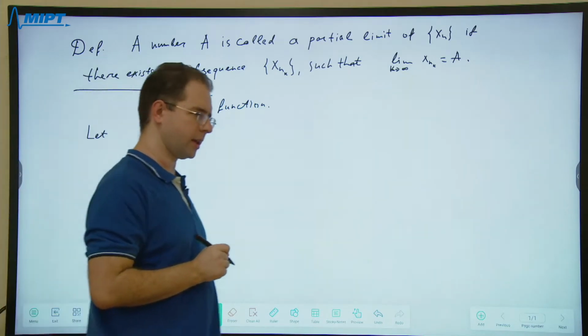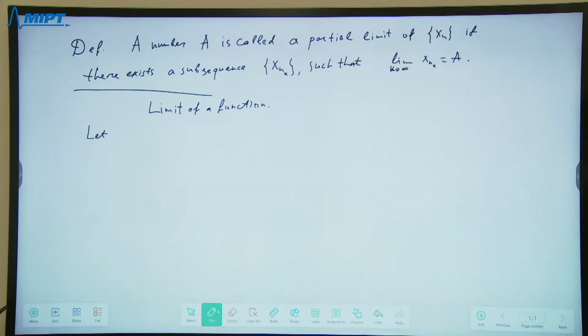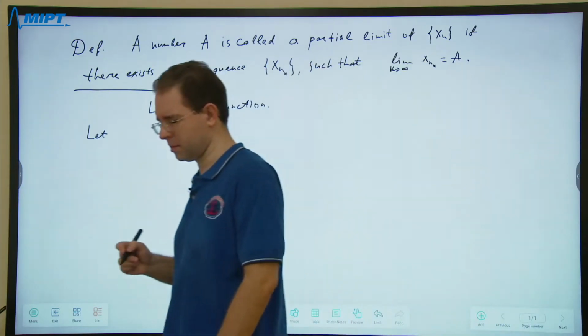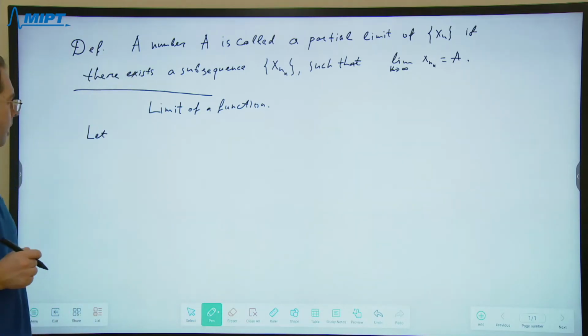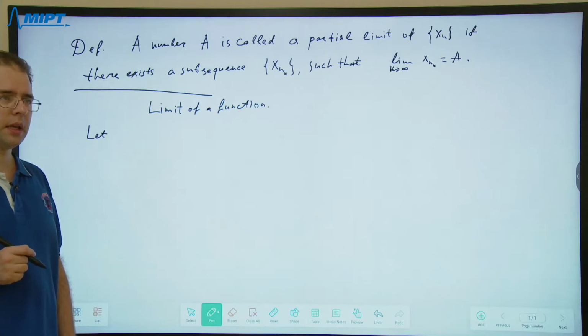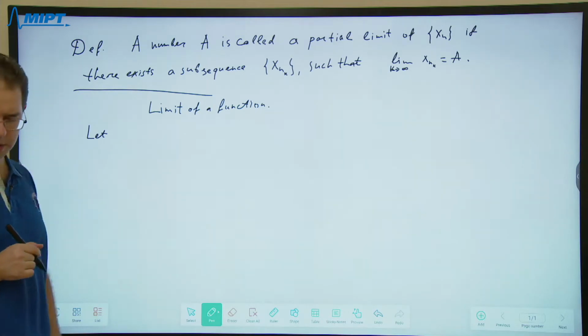In this lecture and sometime in the future, we will assume that our function is defined in a deleted neighborhood of the point in question.